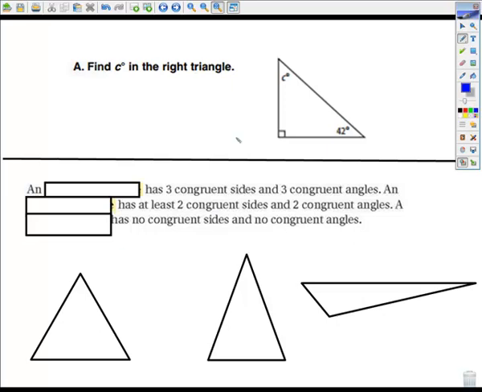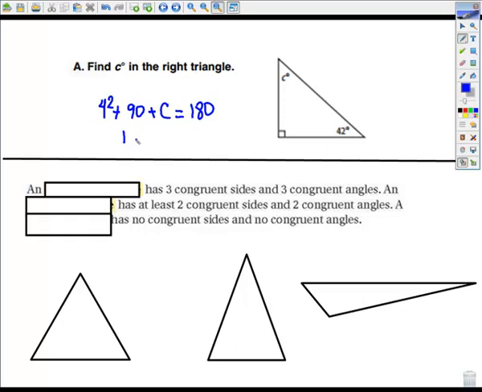Here's an example where they want us to actually find the missing angle measure. This is a right triangle because it has the one right angle. So I know that the 42 degrees plus my right angle, which is 90 degrees, plus the C degrees, has to add up to 180 degrees. I'll just add 42 and 90.